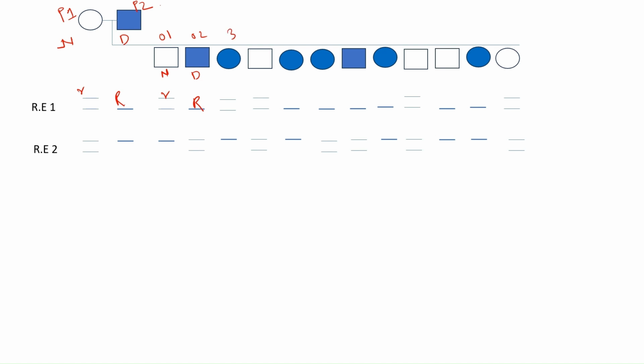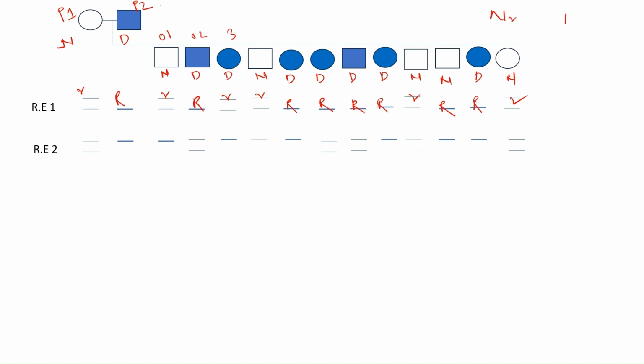Offspring 3: diseased but no marker. Normal, no marker. Diseased, marker, diseased, marker, diseased, marker, diseased, marker, normal, no marker, normal, marker, diseased, marker, normal, no marker.